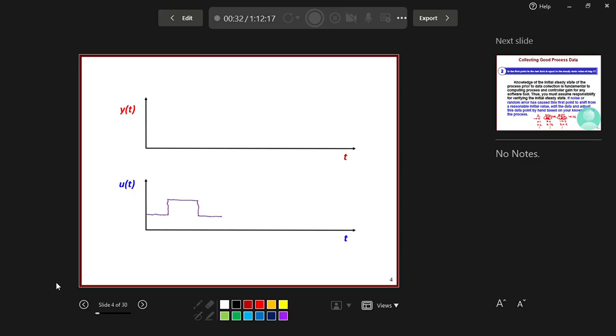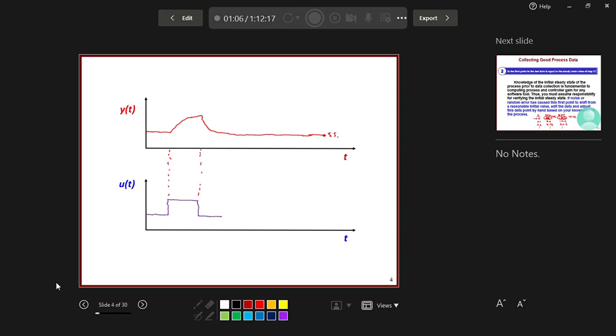So the output was some value here, and then at this point where the first step was introduced, the process started to react, and at the next step the process started to come back to this place, and it went to a steady state. Actually, this is the steady state here at this point.